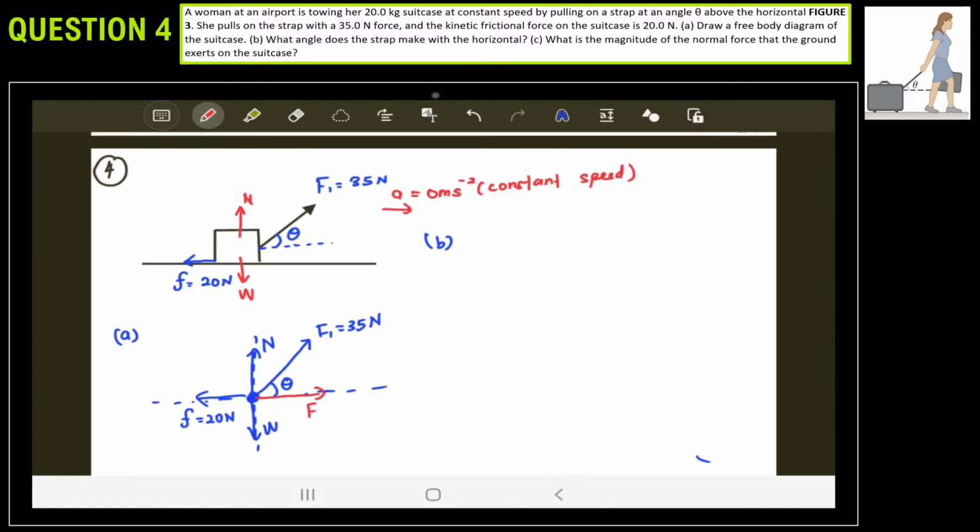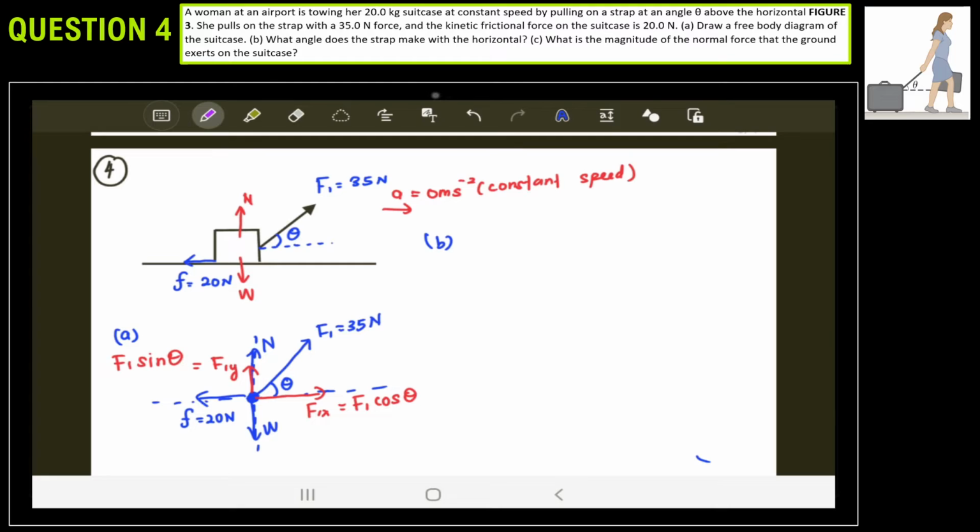So F1x is equal to F1 cos theta, cos because it is adjacent to the angle, and F1y is equal to F1 sin theta.